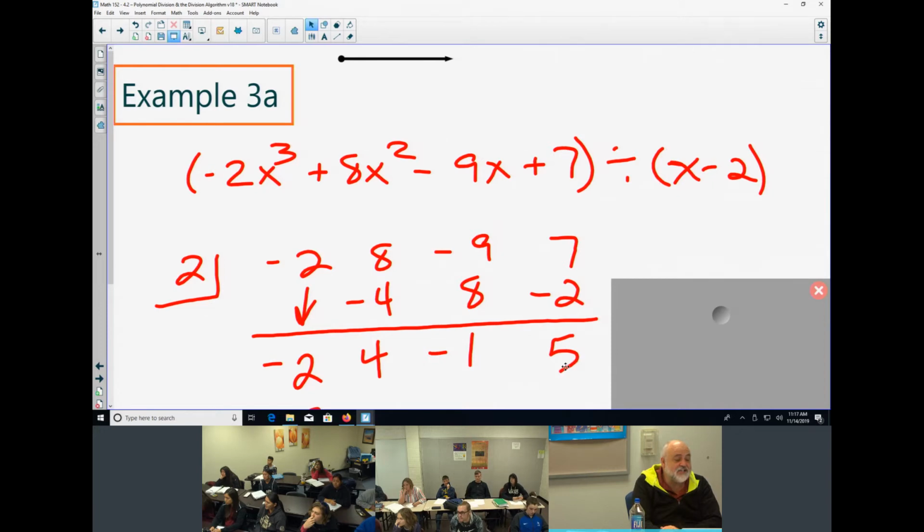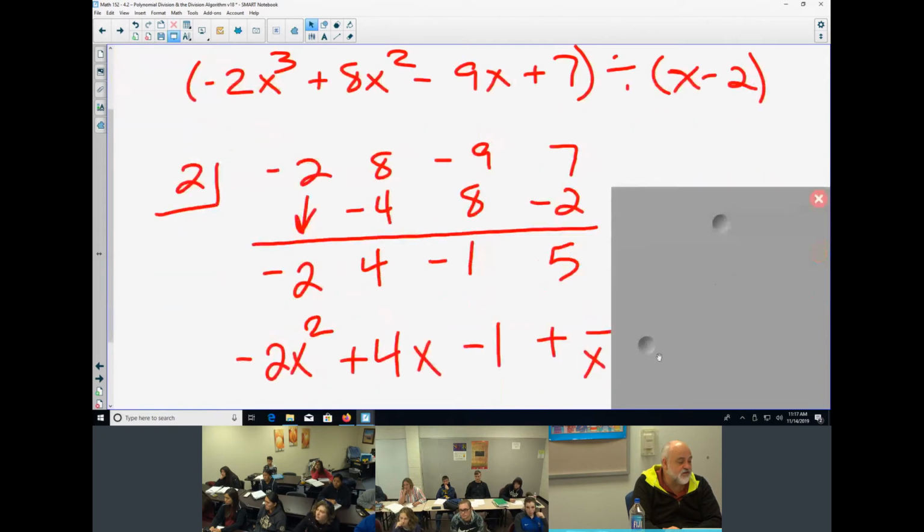Now, this last number here is very important. That's the remainder. The next number to the left is the constant. Then the next number to the left is the coefficient of x, and then finally the coefficient of x squared. So now you just use that to write your answer.